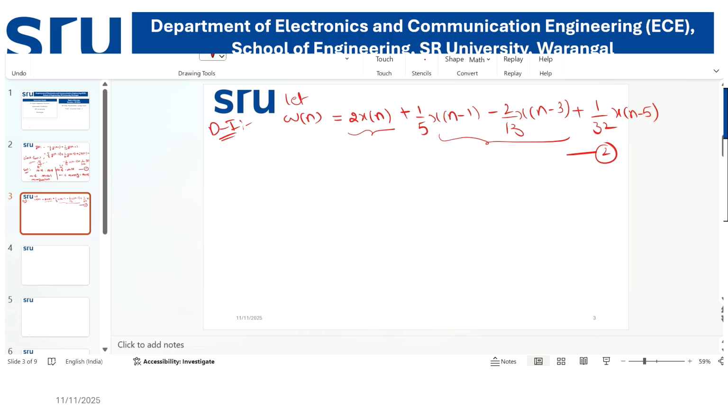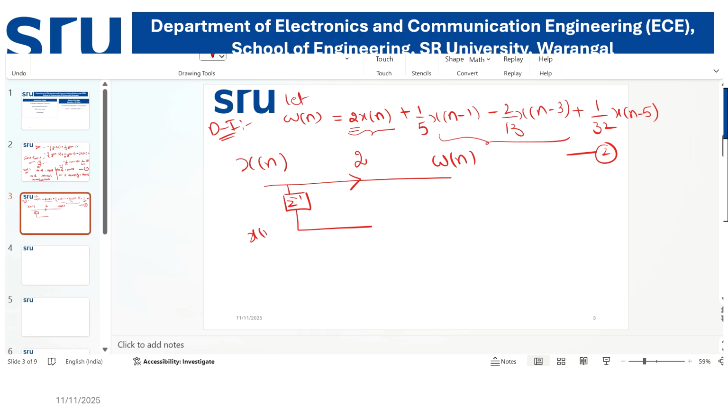Now identify the input for this expression. Input is x of n. What is the output? W of n is the output. Now the input goes towards the output side. For x of n, the coefficient is 2. The coefficient 1 by 5 goes with x of n minus 1. To generate x of n minus 1, x of n has to go through 1 delay.